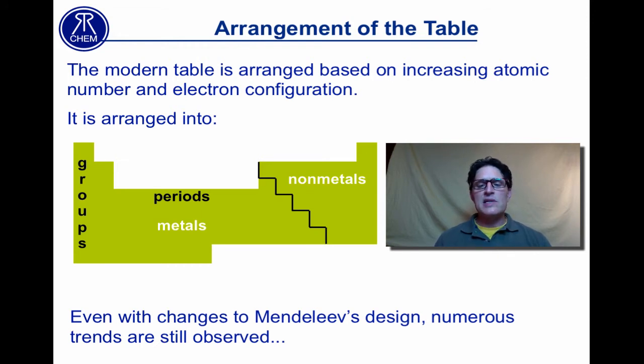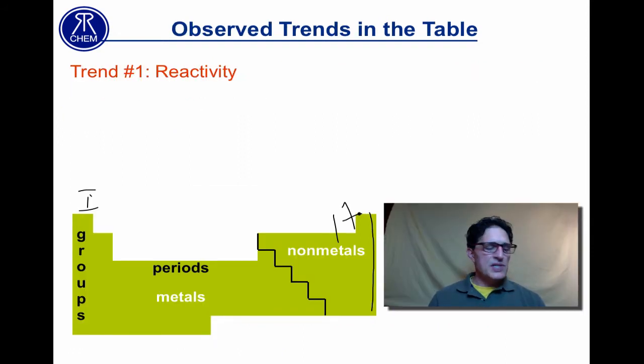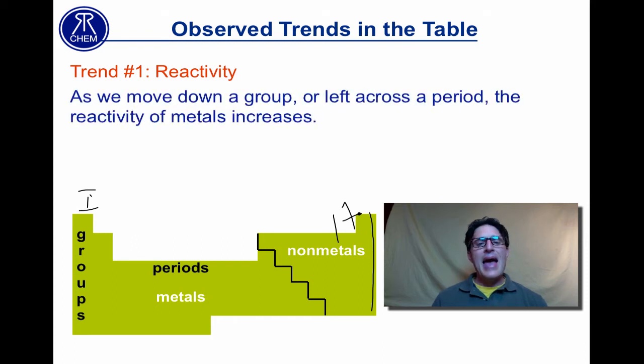Regardless of the difference, there are numerous trends that are still observed, and we're going to go through each one of those individually. The trends that we notice in reactivity on the periodic table are, as we move down a group, so as we move down a vertical column, or as we move left to right in a period, the reactivity of metals decreases.